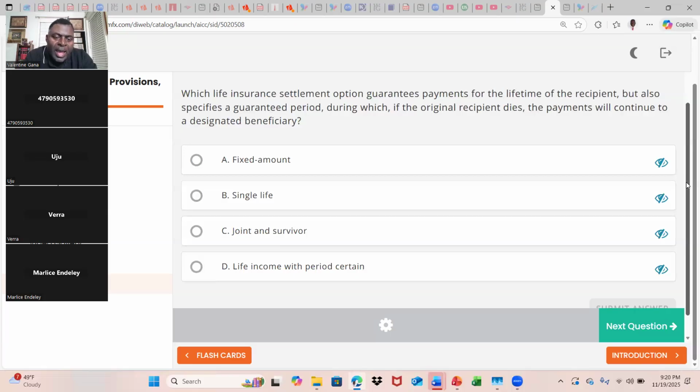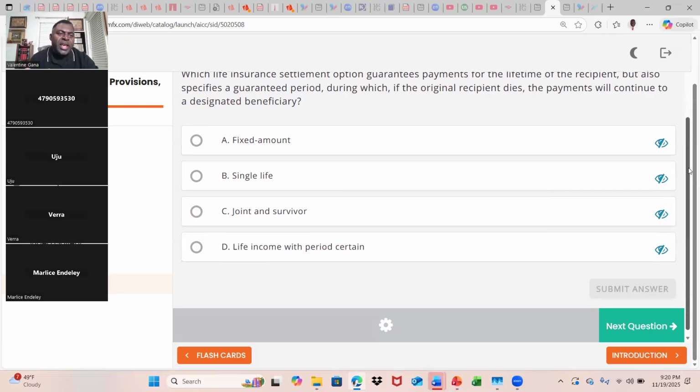Life income with period certain, because they have to pay for that period. Let's say the period is 20 years and they've paid only for 12 years. Guess what? They will still pay the rest to a contingent beneficiary.